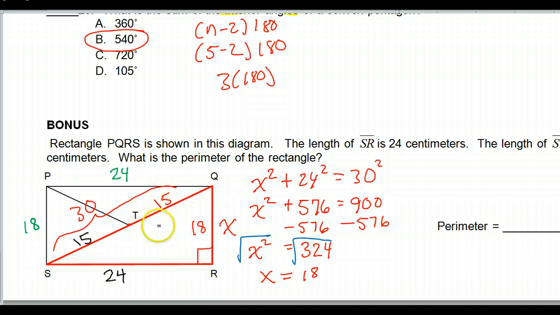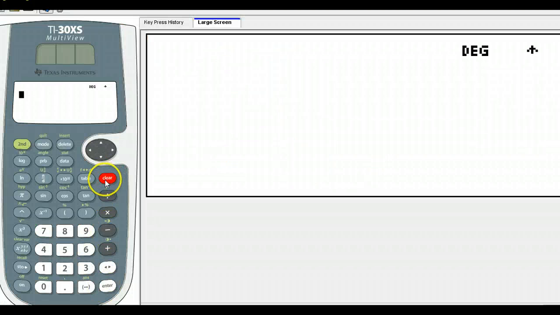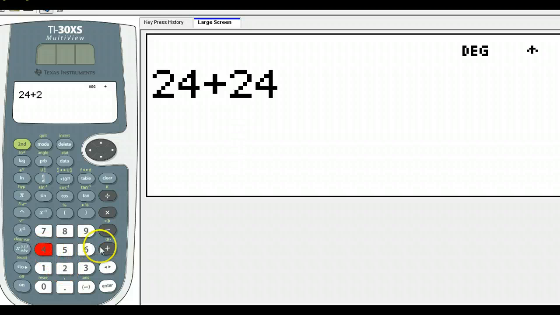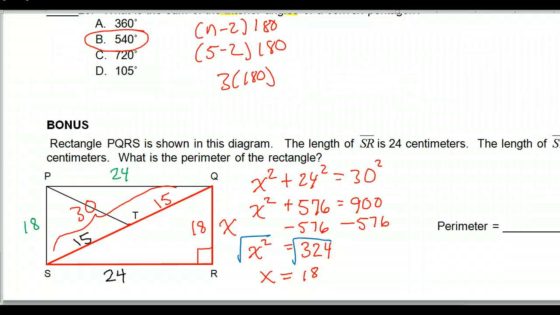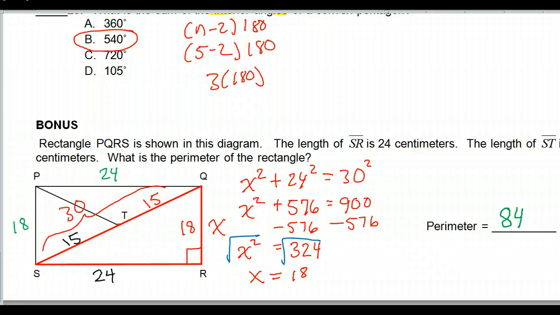So now we can just add up all these to get the perimeter: 84. So that, my friends, is why the perimeter is 84. And that's the bonus. That's it. We're done.